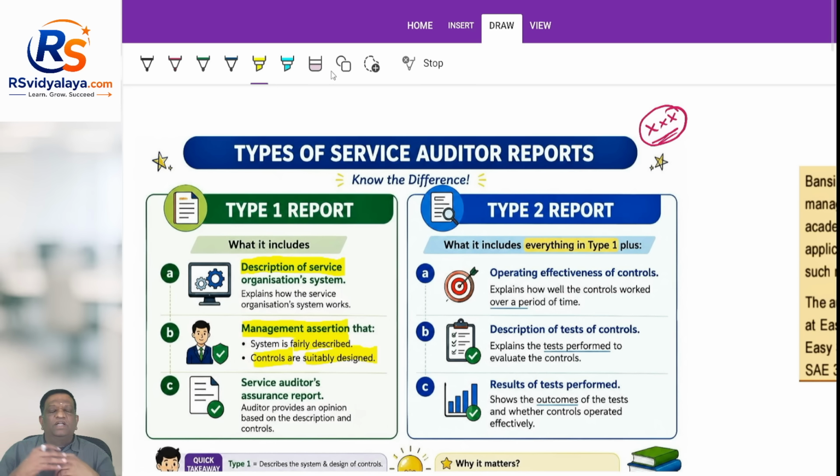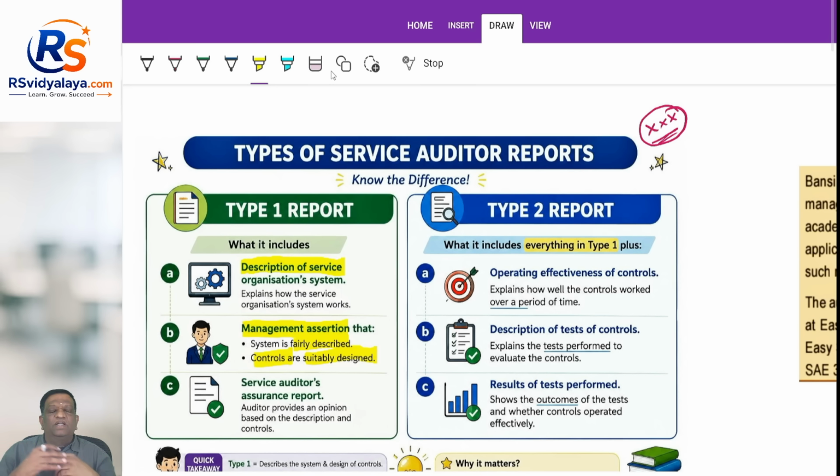In the type 2 report, you have everything of type 1 plus the operating effectiveness of the controls. The service auditor tests the controls to ensure they are working properly, and then gives the results to the user entity auditor.